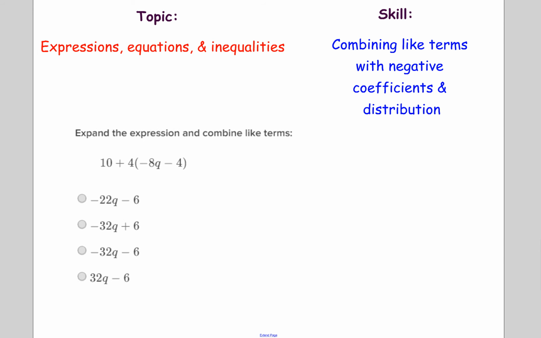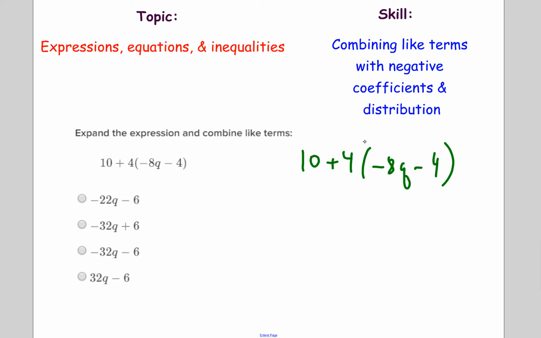All right, 10 plus 4, let me write it over. 10 plus 4, open parentheses, negative 8q minus 4, close parentheses. Now in this case, the number that's multiplying what's in the parentheses, is it the 10? Is it 14, 10 plus 4? The answer is 4 is the number that's multiplying what's in the parentheses.